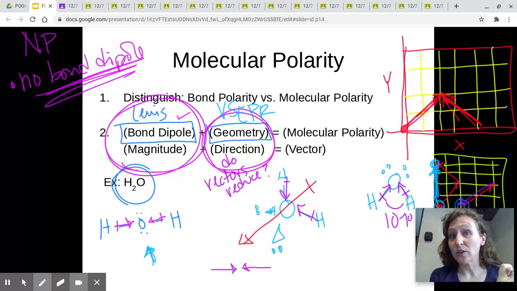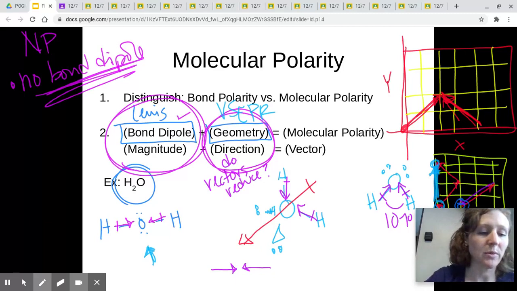If either of those things are not true, though, let's say you don't have bond dipoles, then you will have a nonpolar molecule. Let's say you have bond dipoles, but they cancel each other out. You will have a nonpolar molecule. So that's how we sort polar versus nonpolar.